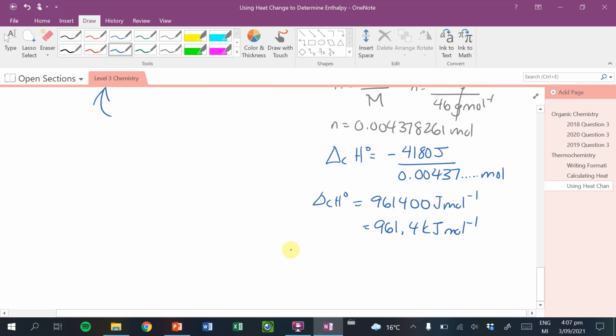So the combustion energy for ethanol is equal to, oh, that should be a negative number. There we go. Negative 961 kilojoules per mole. And I'm rounding it to 3 sig figs. Since this is a 4, I'm rounding down.